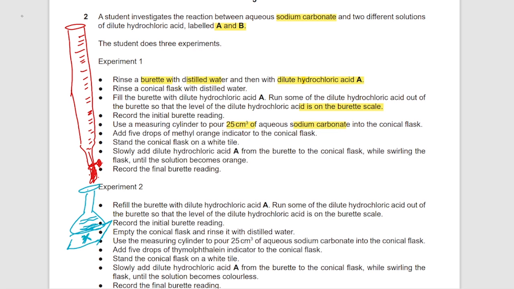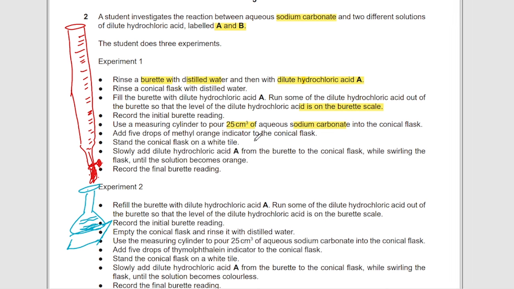There will be the white tile under the conical flask to observe the clear change in the color of the indicator. Slowly add dilute hydrochloric acid A from the burette to the conical flask while swirling the flask. Record the final burette reading.